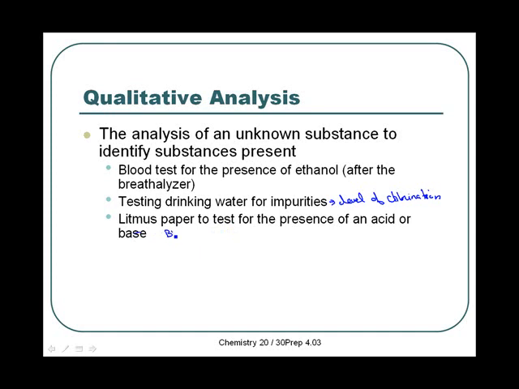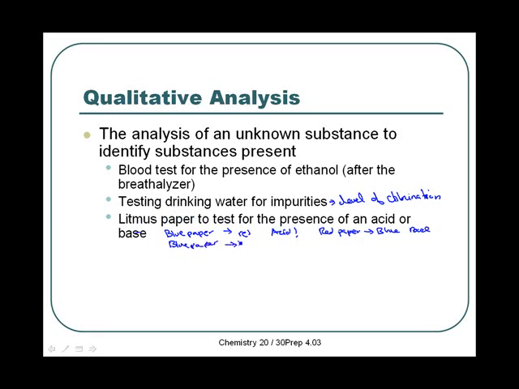If you have blue paper, if it turns red, then you know you have an acid. If you use red paper, if it turns blue, you know you have a base. And the same works if you have, say, blue paper.